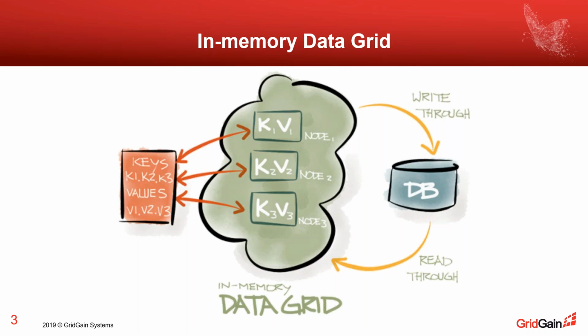And there's not only storing, you can also perform more complex logic, like distributed computing in MapReduce style, or working with a separate database. You can tune an in-memory data grid exactly as a cache, and work with your separate database in write-through and read-through mode in order to boost the speed of accessing your data.